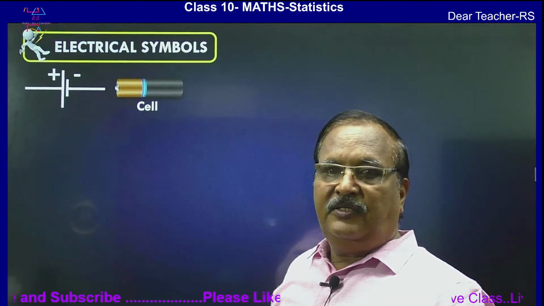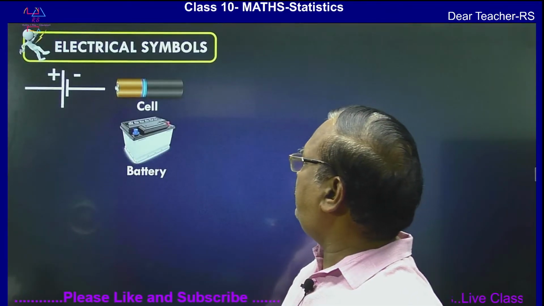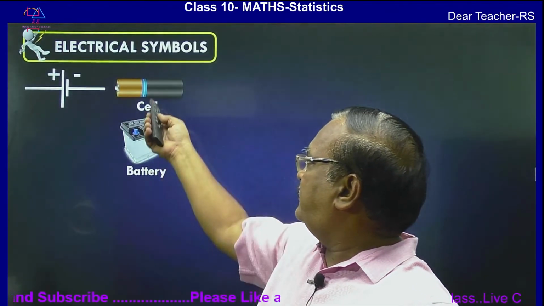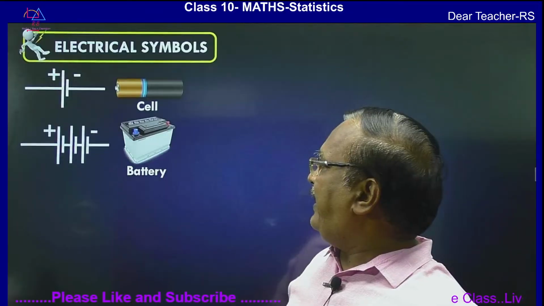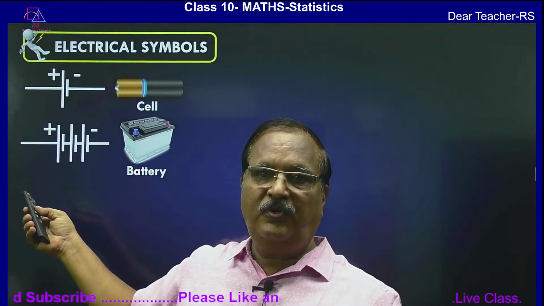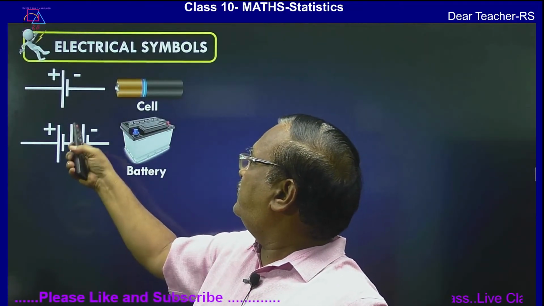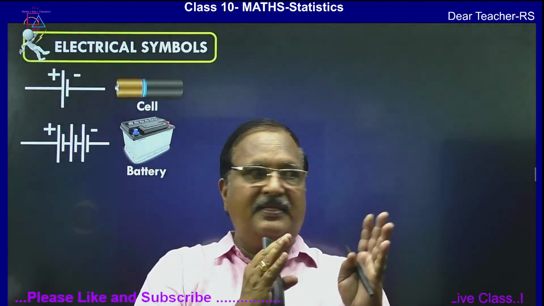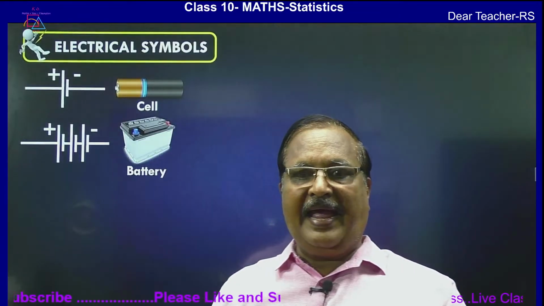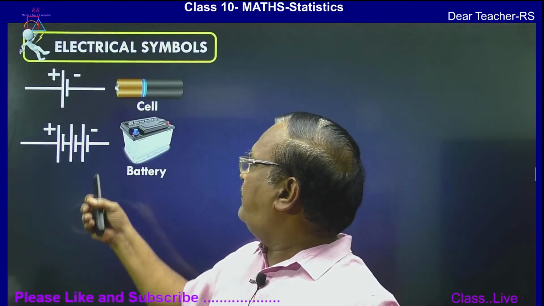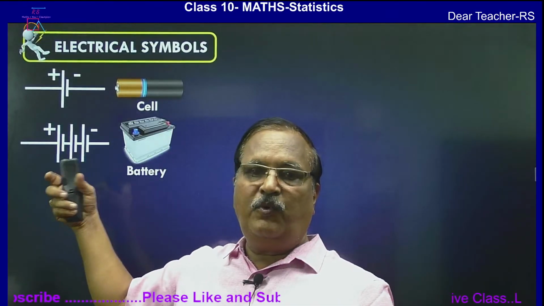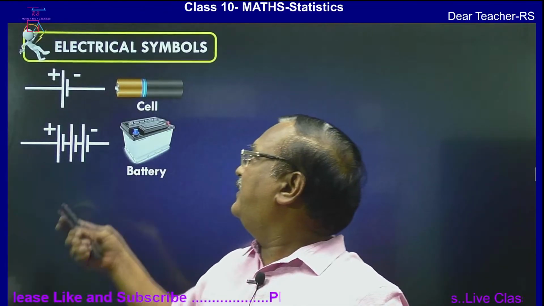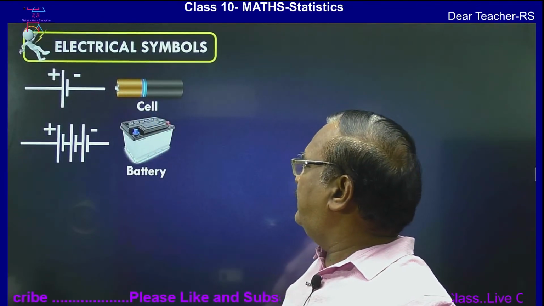Okay, so this is called battery, cell, battery. A battery can have two or three cells added here. So this is called a battery. That means a very heavy, more potential difference. This is less potential difference.